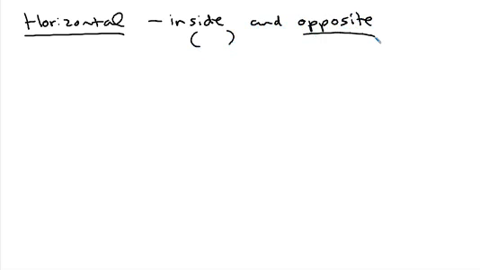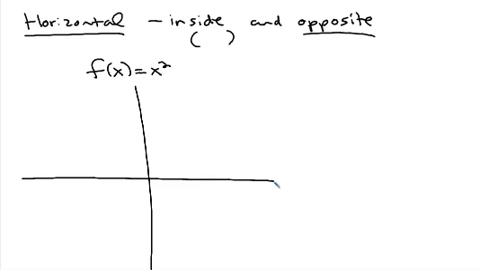They are inside and opposite. So when we deal with a horizontal change, let's sketch our parent x squared function again. Once again, our vertex is down here at 0, 0.